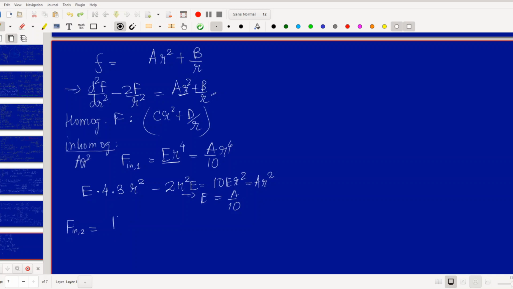So let us call it g times r, so that we can have a 1 by r appearing over here.